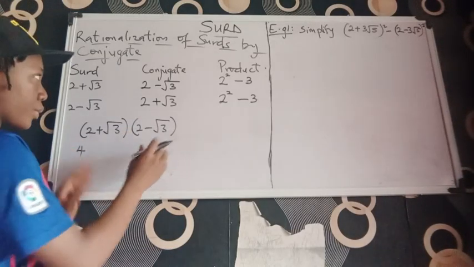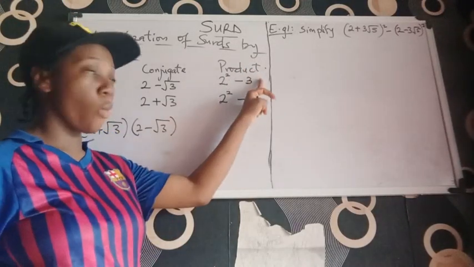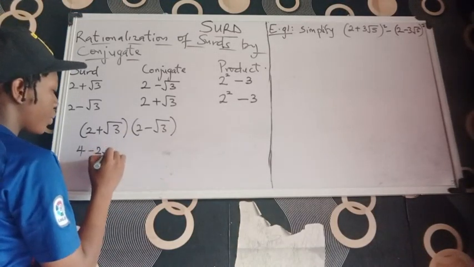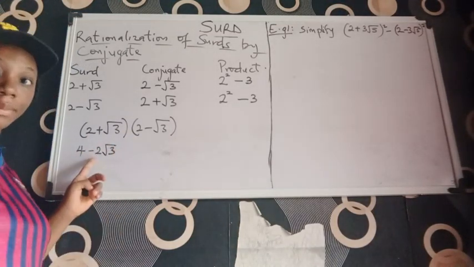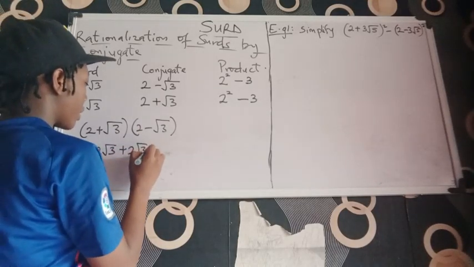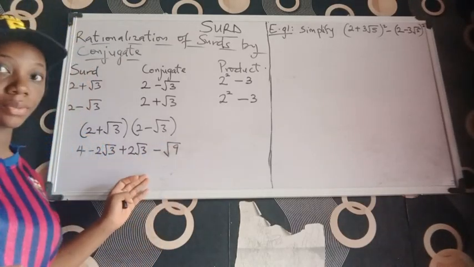Are we following? I just want to use one of it to show you that your answer is still 1 here. So 2 times root 3 will give us 2 root 3. Remember the sign. Root 3 times this will give us plus 2 root 3. And this times this will give us minus root 9. Are you following?